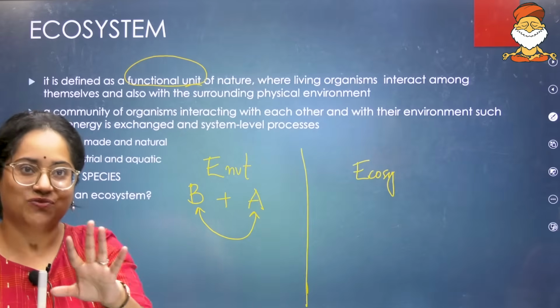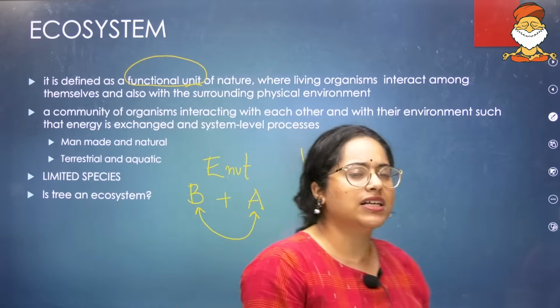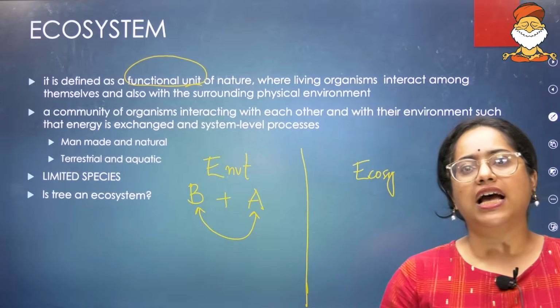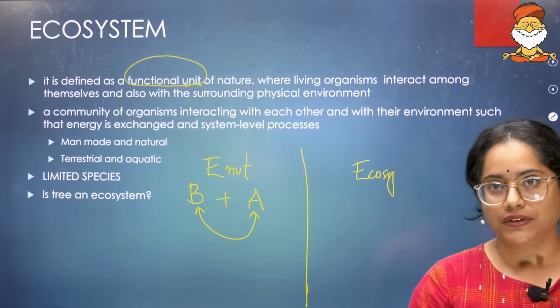Why? Okay, so let's look at what is happening over there. So what is an environment? I said it has biotic factors and abiotic factors, and they interact with each other.